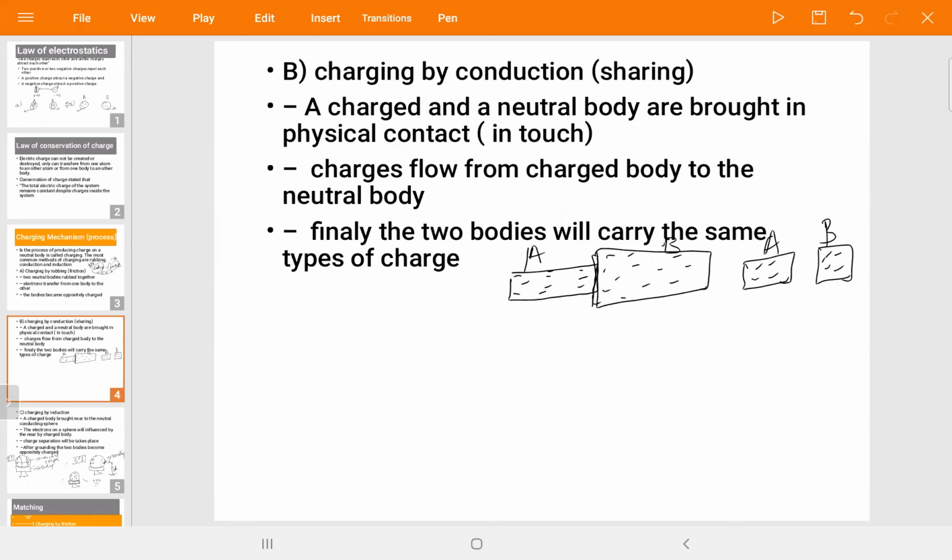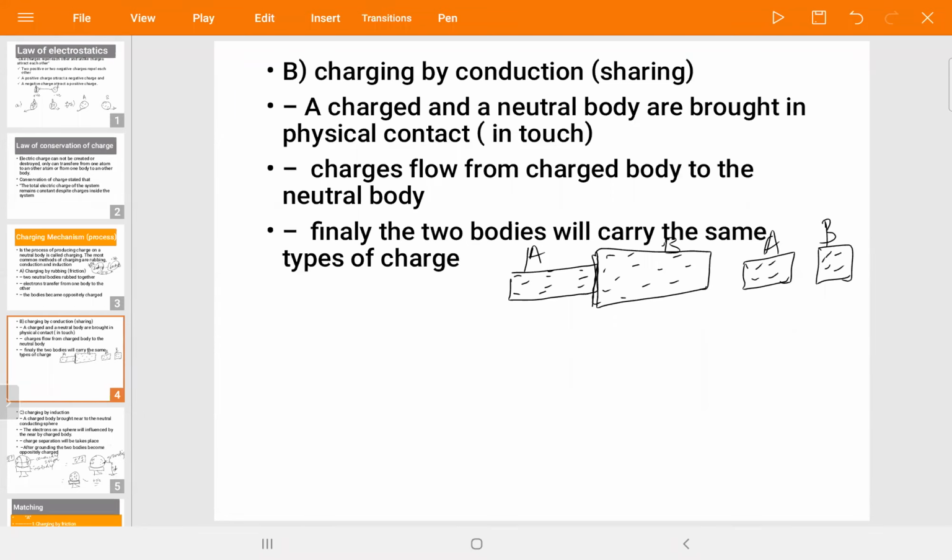And due to this exchange of electrons or charges, the two bodies finally will have the same types of charge, because they have shared the same types of charge. It can be positive or it can be negative, but finally they will have the same types of charge.